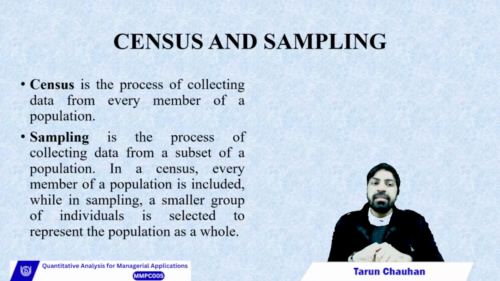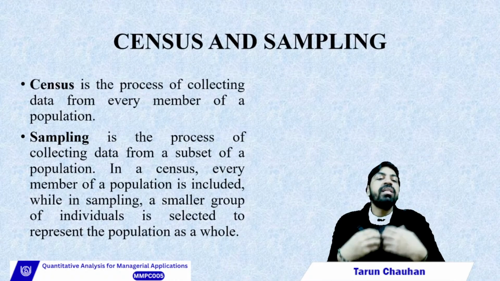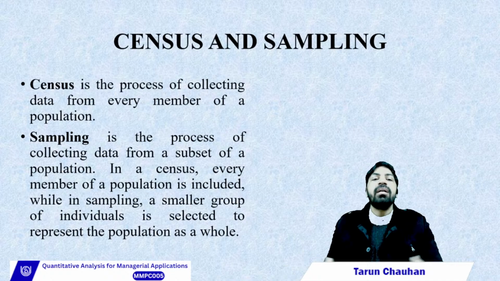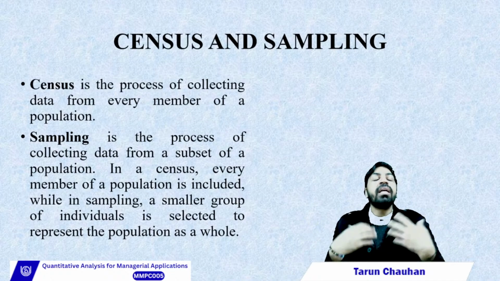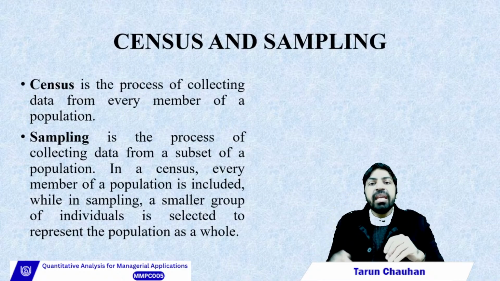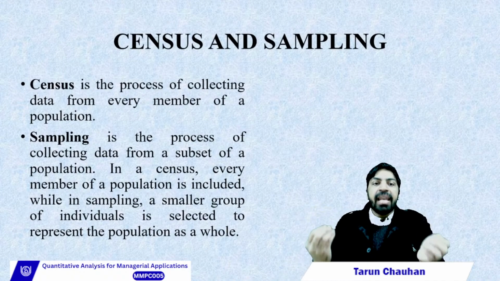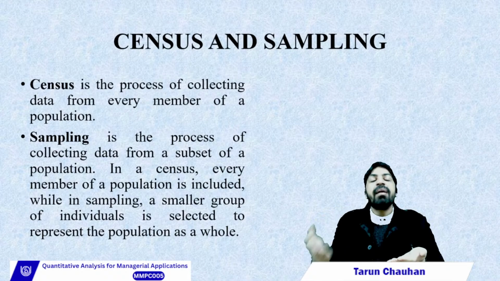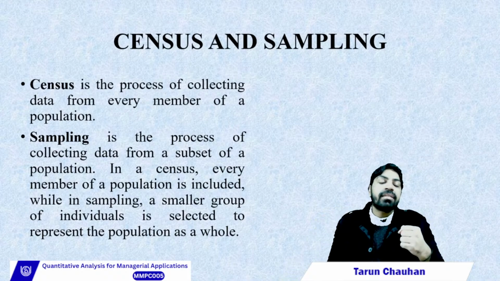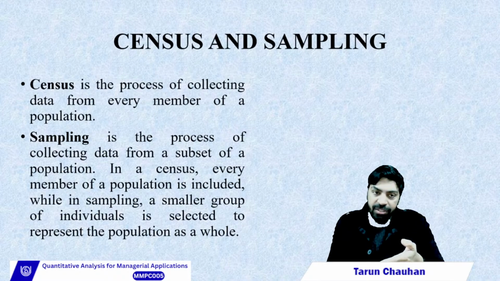For example, when a survey is conducted among the whole population of India, that is called census, because we include each and every member of the population. Sampling is the process of collecting data from a subset of the population.